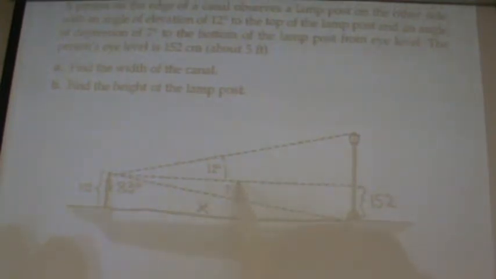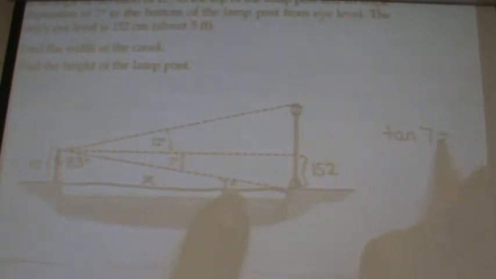If this is 7 degrees, this is also 7. So what trig ratio do you like? You want to find this side. I would use tangent. I would say the tangent of 7 is opposite over adjacent. So 152 over X.